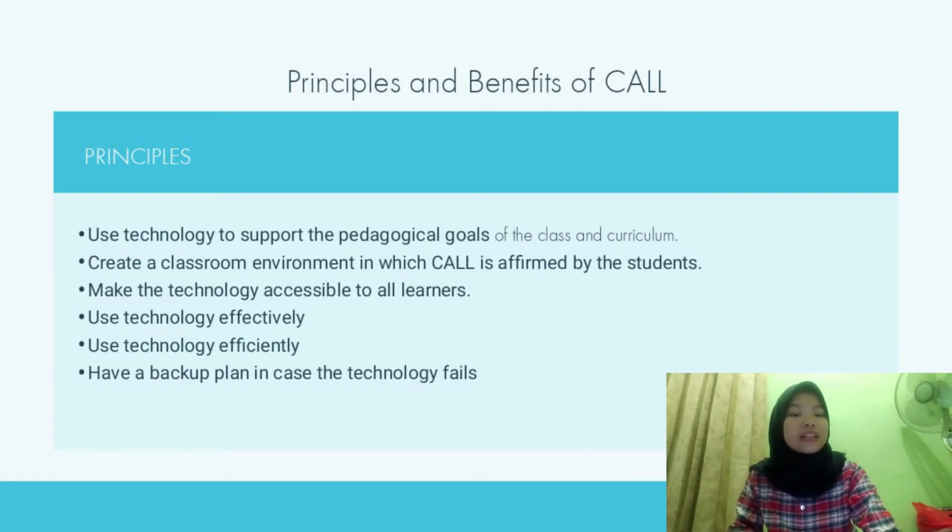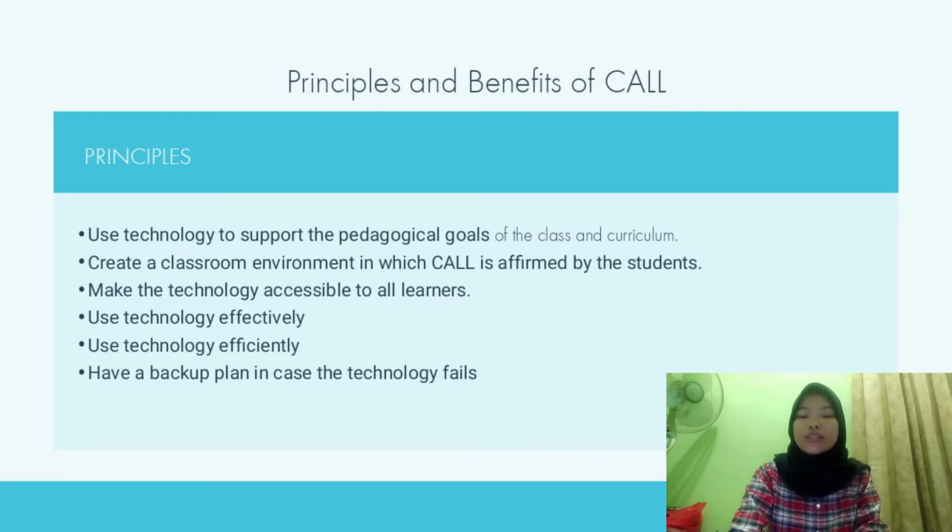Third is make the technology accessible to all the learners. Varying styles and abilities among learners must be considered so that all the learners benefit and the risks of losing some learners are eliminated. Fourth, use technology effectively.